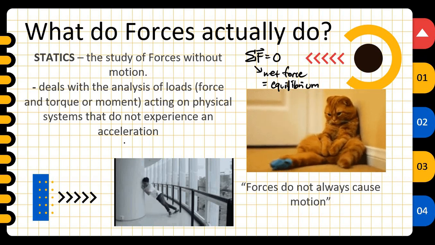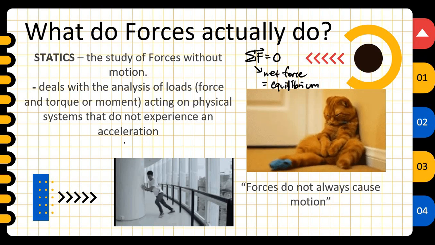When dealing with dynamics, you are trying to understand the causes of the changes in motion, like the effect of forces on the changes of motion of a certain object, while statics is focused on the objects that are in equilibrium. So you need to understand the distribution of forces or the torque or the moments in that specific system, why that system is not moving or is stable or is in equilibrium. Alright, and that is the focus of statics.